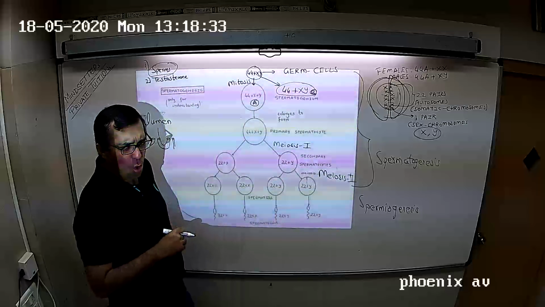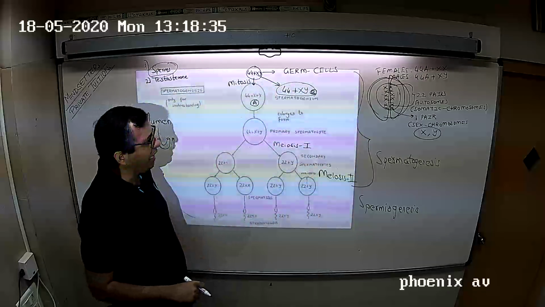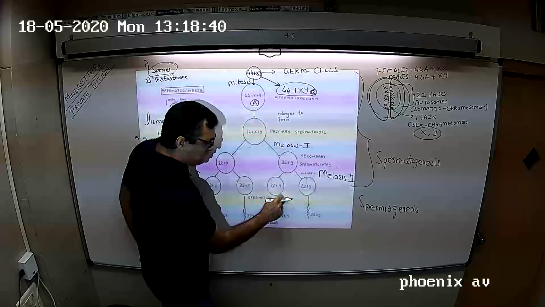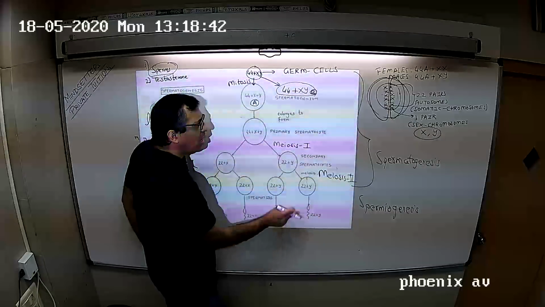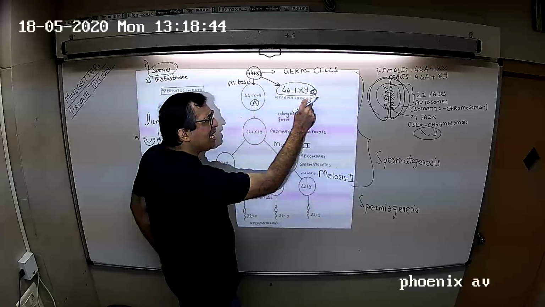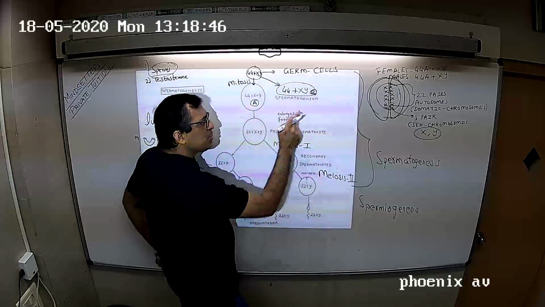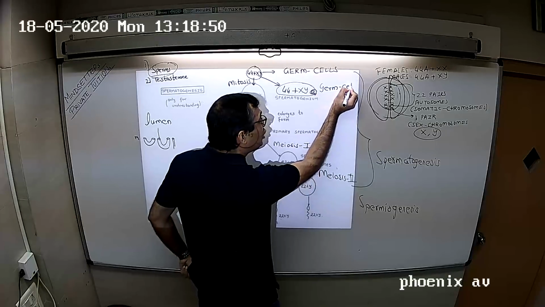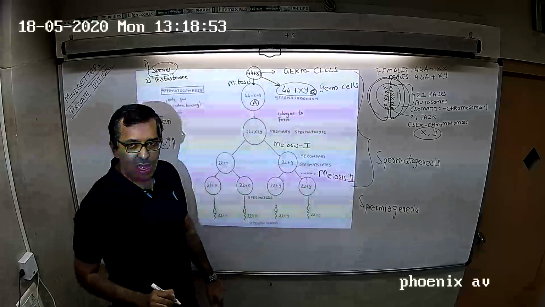Not given in your notes, but I would want you all to know this. Sir, spermatogonia A did spermatogenesis, spermiogenesis. What about spermatogonia B? What will happen to it? Spermatogonia B are the future germ cells.